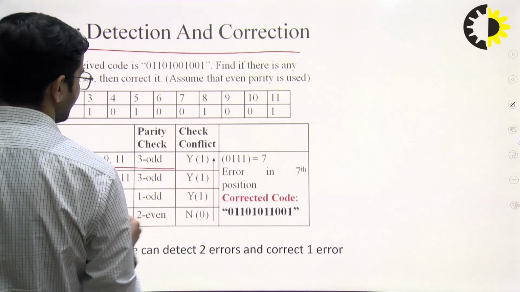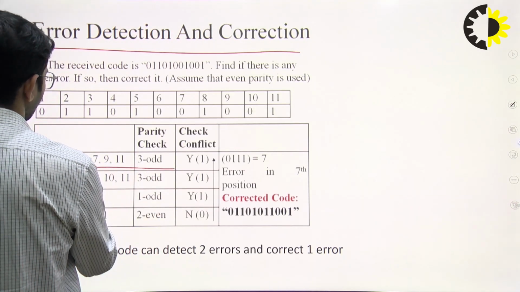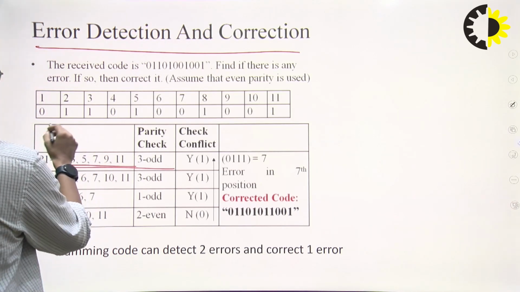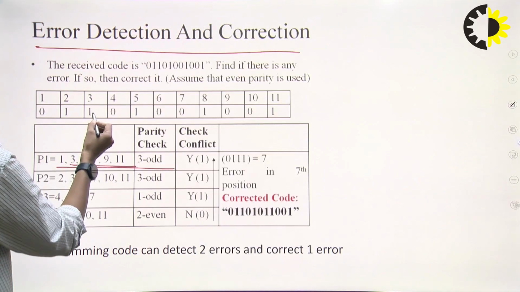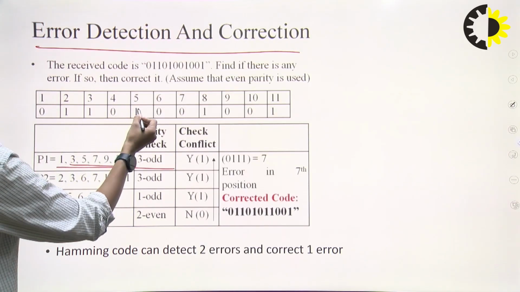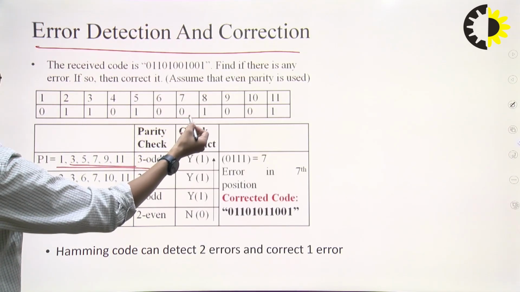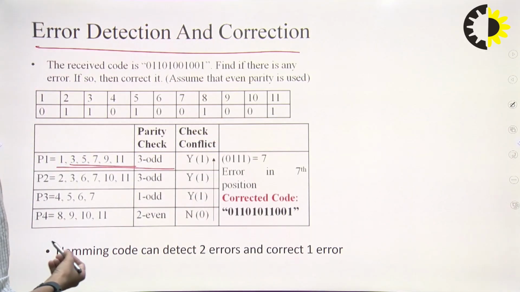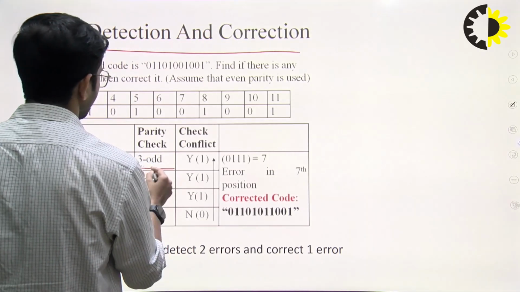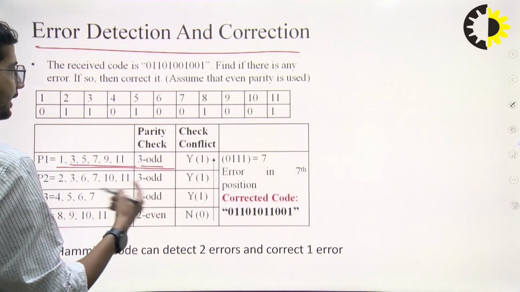As we can observe, at 1 we have 0, at 3 we have 1, at 5 we have 1, at 7 we have 0, at 9 we have 0 and at 11 we have 1. That means there are 3 ones, an odd number of ones.